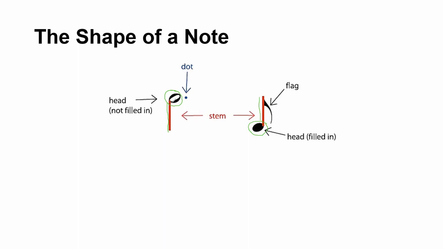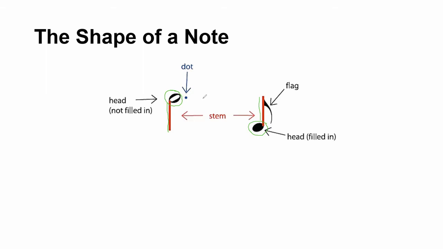You could reverse the direction. So the stem could be pointing downwards, or it could be pointing upwards. The direction of the stem doesn't really tell you anything significant. Whether a stem goes up or down will be determined depending on when you're writing the music. But we'll come to that later.